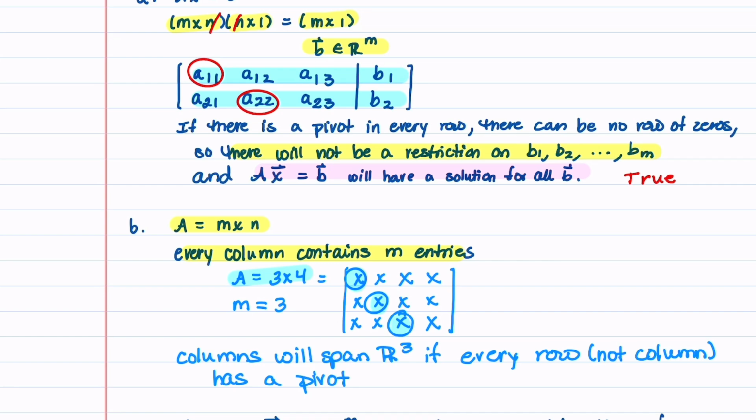Notice in this example that I have a column without a pivot. So this statement is actually going to be false, because the columns will span R3 if every row, not column, has a pivot. So we're going to mark this statement as false.